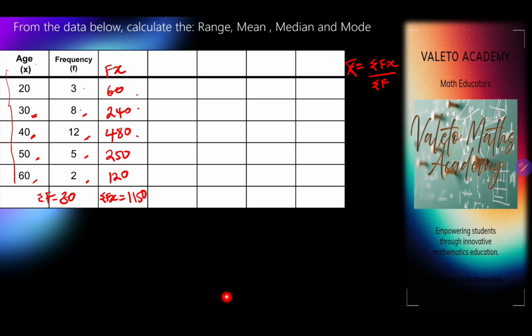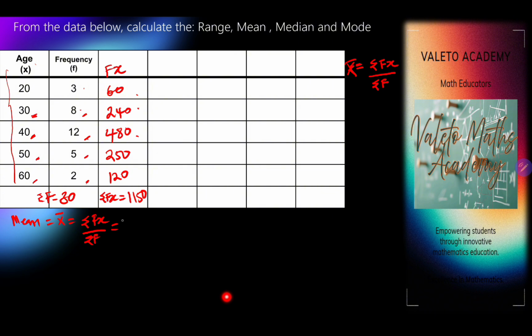the same answer. All right, so based on our formula, the mean, which is given by x bar, will be equal to sigma fx all over the summation of the frequency.